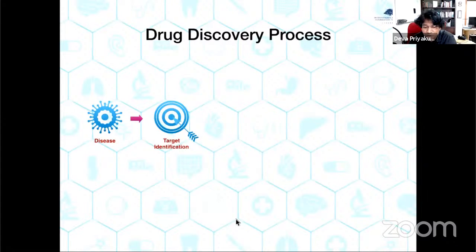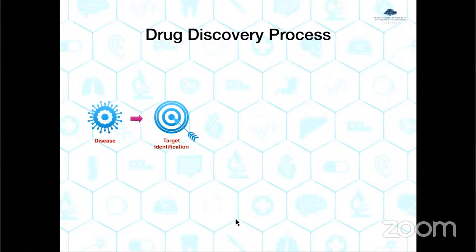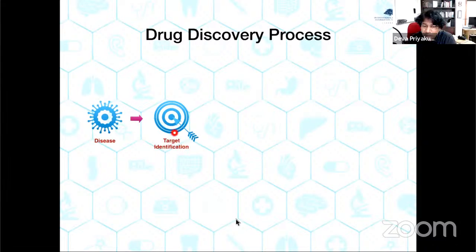For example, most of you might have read that the spike protein present in the SARS coronavirus 2 interacts with the angiotensin converting enzyme 2 in the cells present in lungs, right? And that's how the virus enters the host cells.